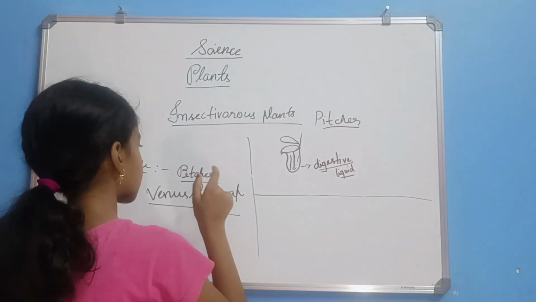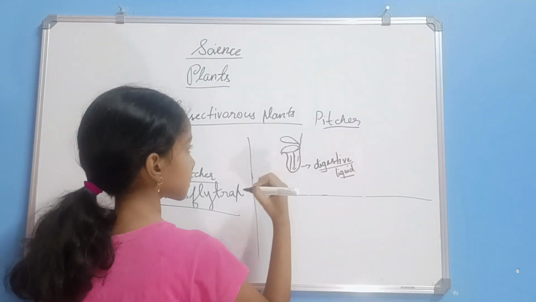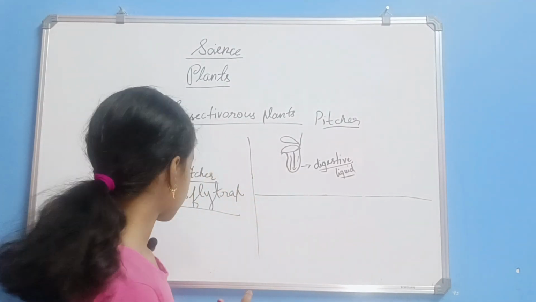That's why the pitcher plant is insectivorous, because it eats insects.